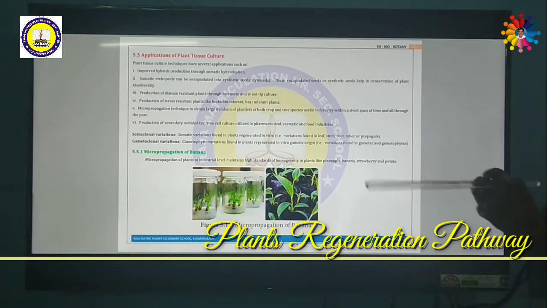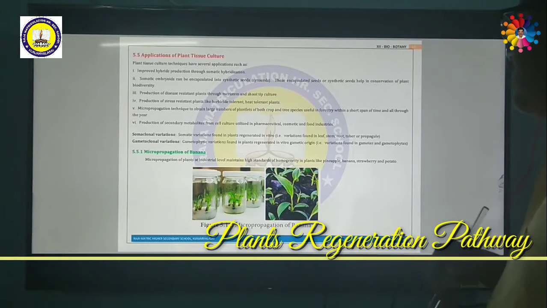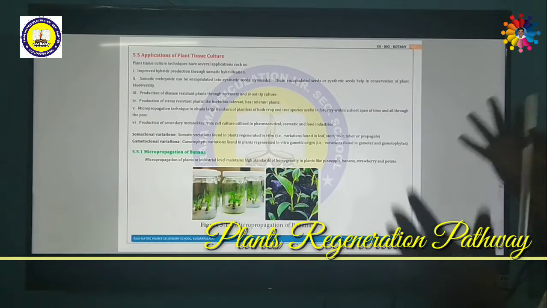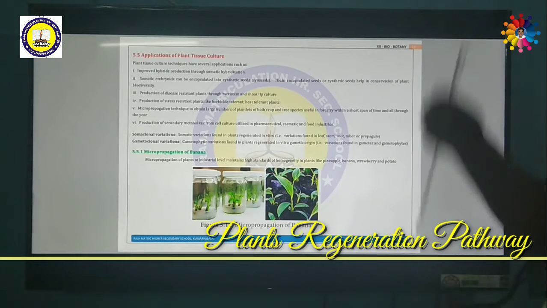Micropropagation techniques obtain a large number of plantlets of both crops and tree species, usually in forestry. So multiple shoot formation can be done with the help of plant tissue culture. This will be very useful in the forestry industry because forestry needs a lot of plants produced within a short period of time, even throughout the year.